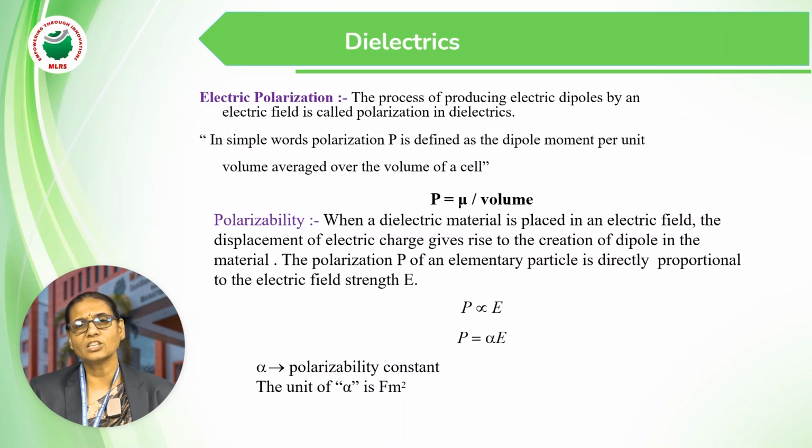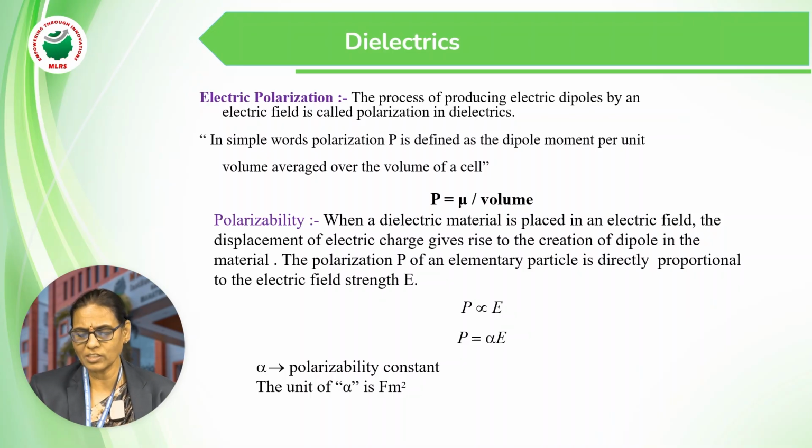Once the separation is created between the charge carriers, then polarization will take place. Polarization means dipole formation is taking place. This dipole formation is giving rise to dipole moment. Now, the ultimate dipole moment which is produced per unit volume or per unit electric field is defined as polarization.